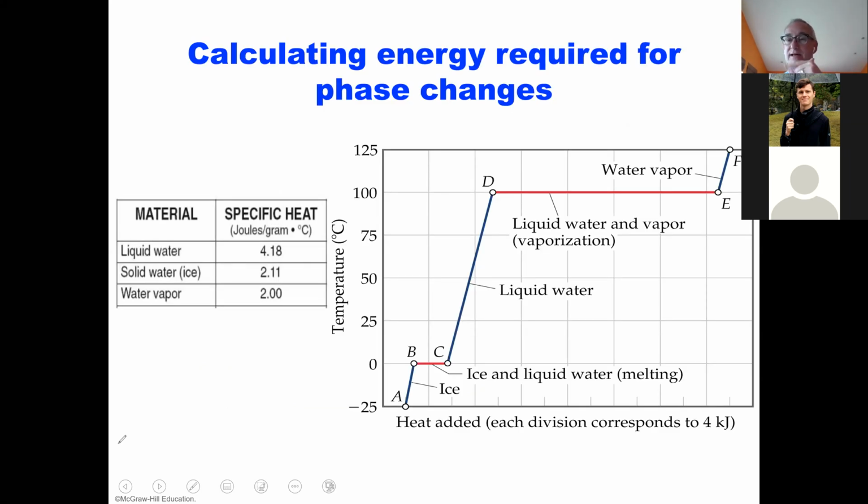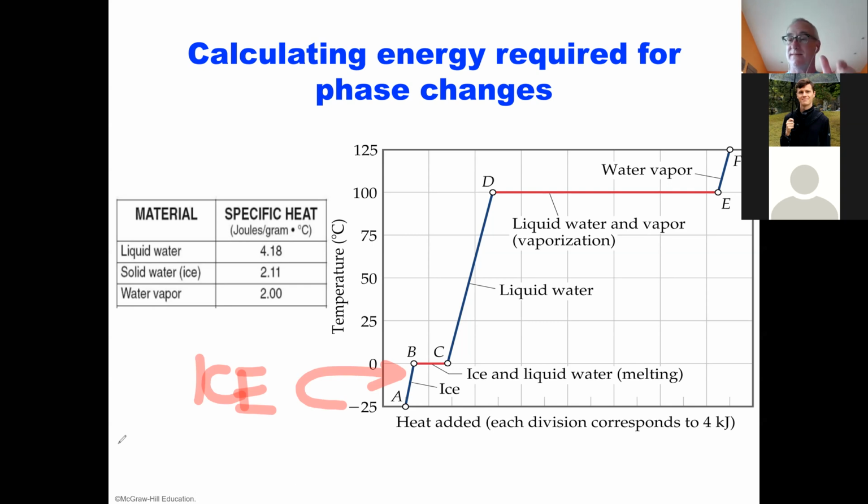So this was the phase change diagram we looked at yesterday. We saw that it was divided into a bunch of different sections. A to B is the increase in temperature of ice, from -25 at the bottom, up to 0.